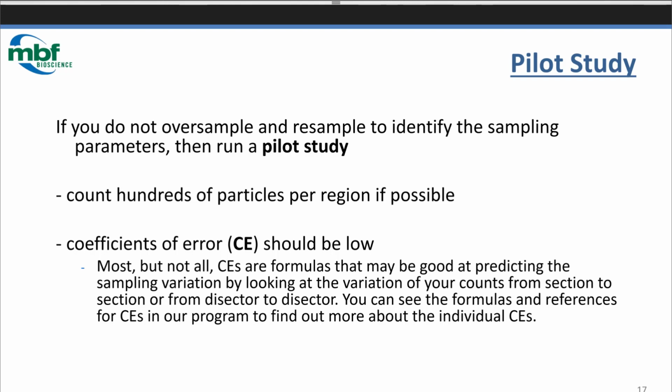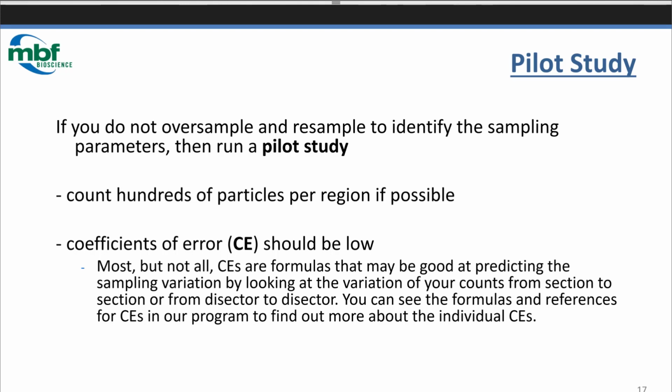That will give you about 100 counting frames. Make the counting frames the right size to catch 2 or 3 cells. Some zeros are okay. More than 3 is okay. But we're trying to catch a few cells. That will give you a pilot study with maybe 150 cells, and then you can look at the CE.